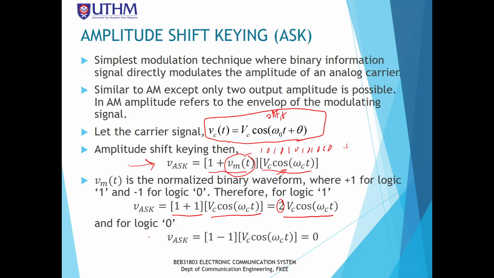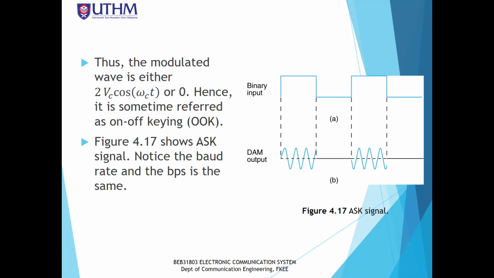Manakala untuk logic kosong, okay, this VM(t) digantikan dengan negative 1. So dia akan jadi 0. Okay, so you see that apa yang berlaku adalah seperti ini. So we have input logic 1, input logic 0, 1, 0. So what happened to the output is, so ini adalah VC cos omega ct, this is the VC cos omega ct.